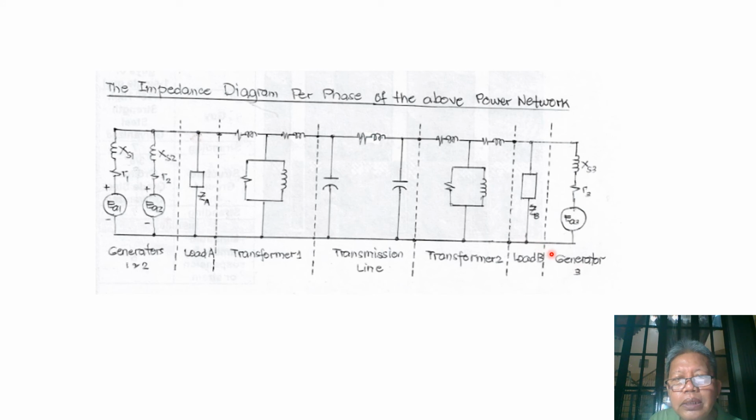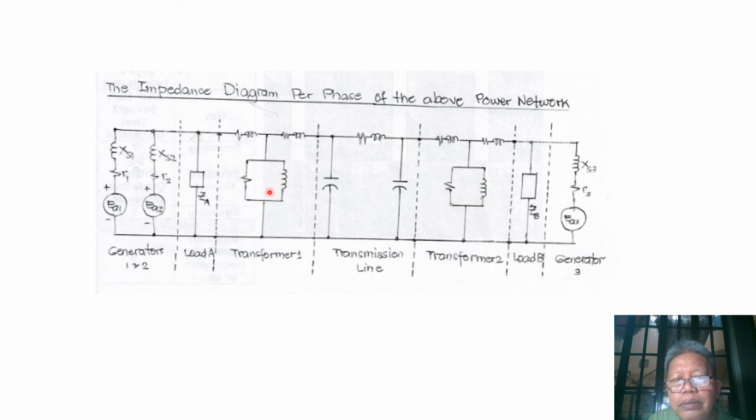So this is the impedance diagram, and in this impedance diagram, we consider the magnetizing circuits of the transformers and the admittance of the transmission line. Now, as we have said before, if we are going to consider the magnetizing circuit of our transformers, our analysis would be rather difficult. So to simplify, we just neglect the magnetizing circuit of our transformers.